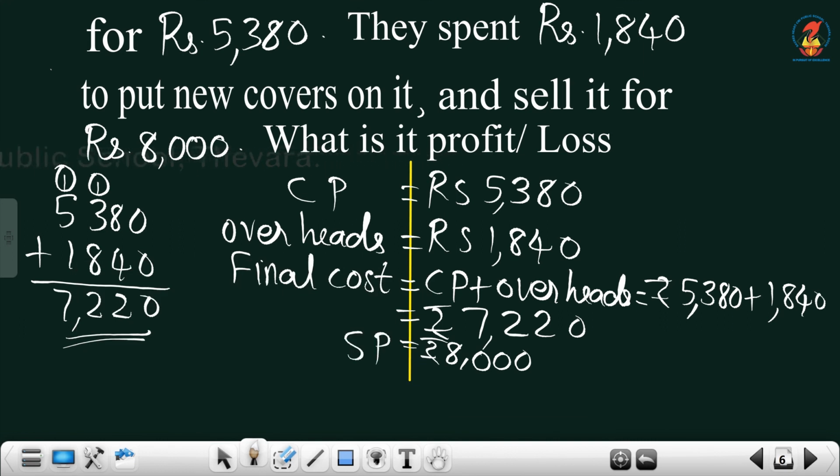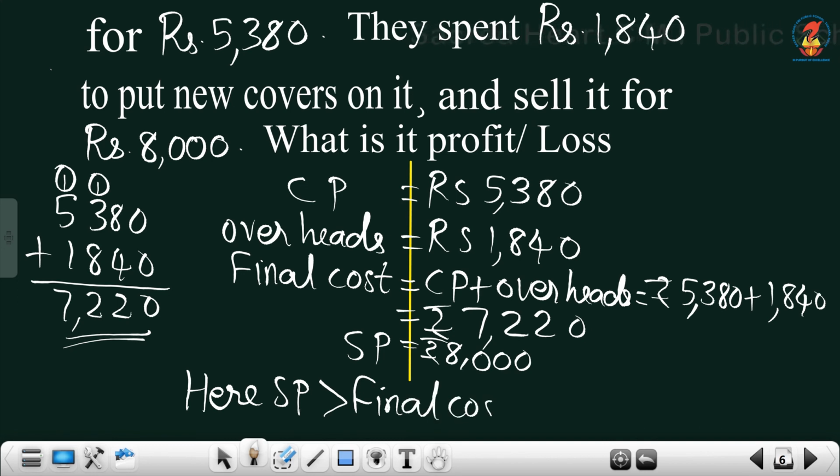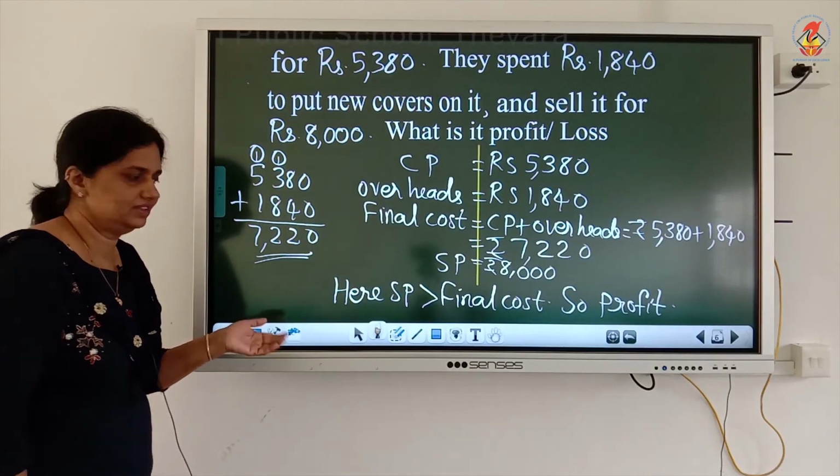SP equals rupees 8000. And here we need to compare which and which? Final cost and SP. Here SP or final cost, which one is higher? SP only. So we write here SP is greater than final cost. So profit. Okay, is it clear?